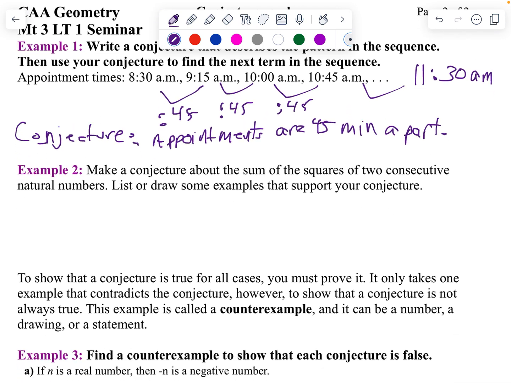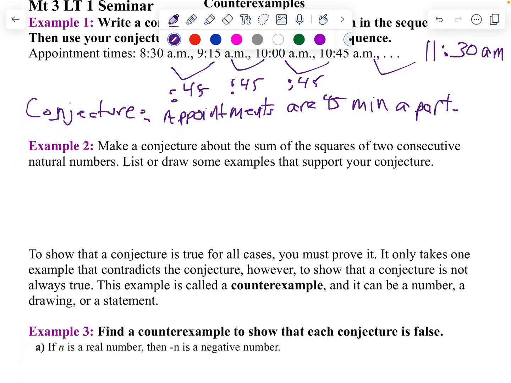Now, if I look at example 2, let's look at something more mathy. I want to make a conjecture about the sum of the squares of 2 consecutive natural numbers. Well, think about what the heck I am talking about when I say consecutive natural numbers. Consecutive means next to each other. Natural numbers are numbers on the number line, whole numbers.